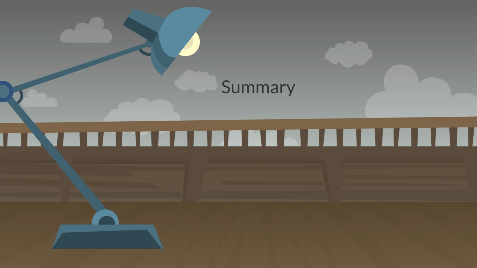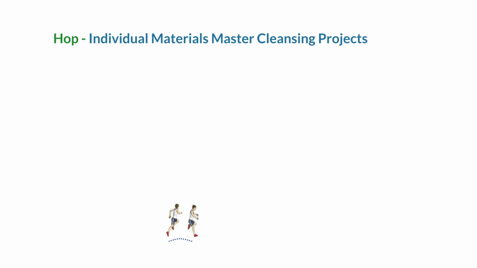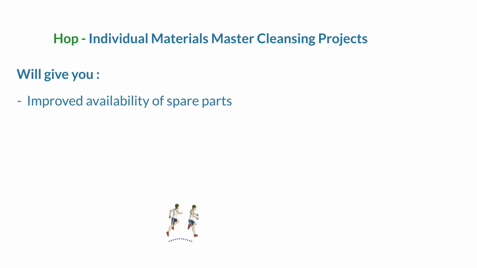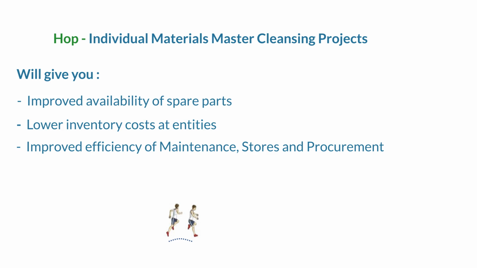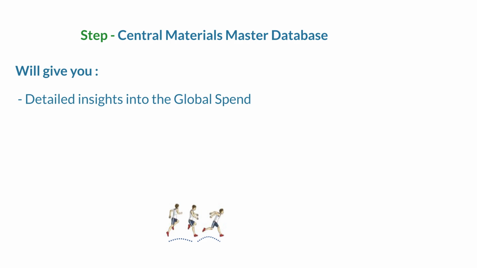So, in summary, individual material master cleansing projects bring you improved availability at lower inventory cost. It will improve the efficiency of your maintenance, stores and procurement organizations. A central material master database linked to the individual entities will give you insight in your global spend, and it will reduce the need for the creation of new parts.